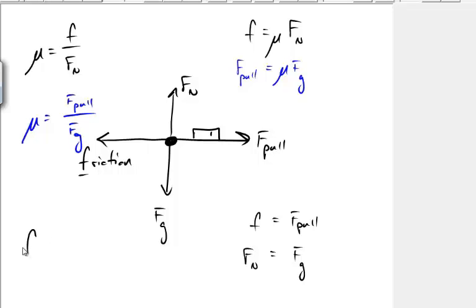Yeah, sometimes it's written like this, or it's written like this. I'm lazy, so I go with just the lowercase f. Okay. Now, when I talk about a pulling force or a tension or an applied force, I always use a capital F and then I label it, just so that I know what I'm talking about.